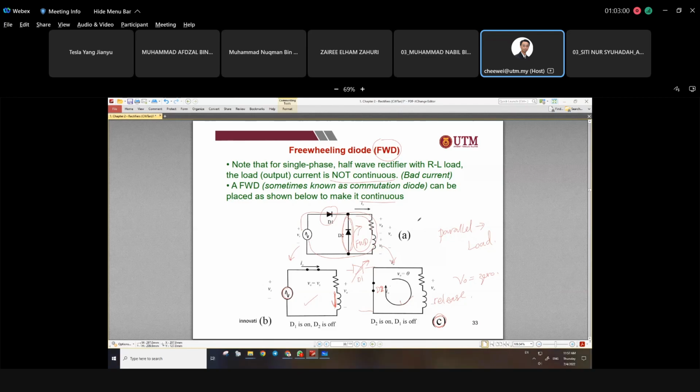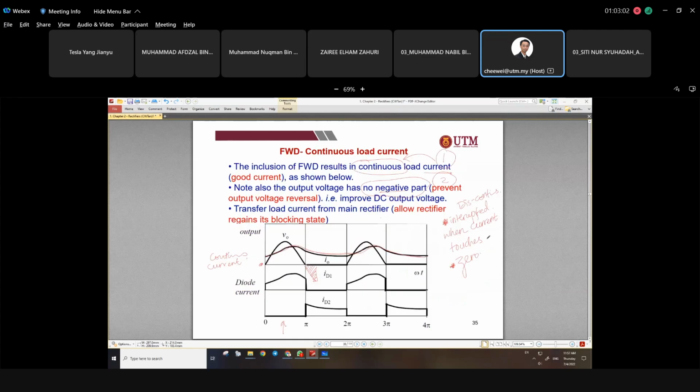Okay, so there are two things, please remember. Number one, the FWD will make the current continuous by having the alternative path for the inductor to release or discharge the charges. Current can flow. And why is the negative part gone when the freewheeling diode is added?